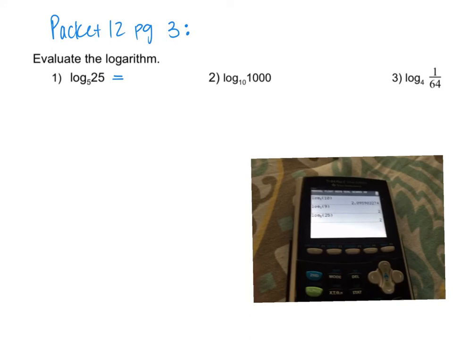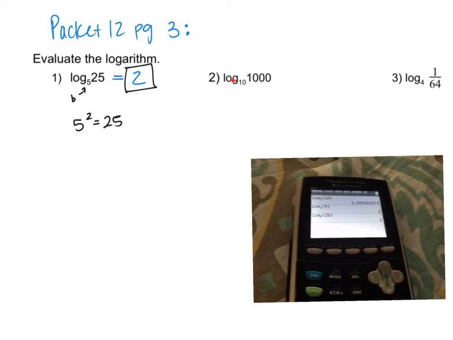And let's see if that makes sense. In this case the base here is 5, right? So 5 to the what power gives you 25? Well, 5 squared would give you 25. So I think this is very reasonable.